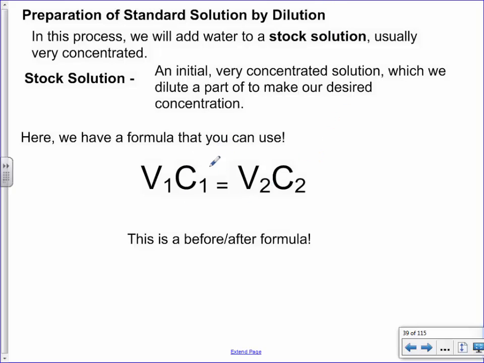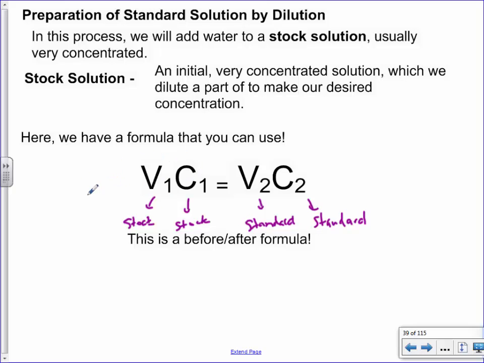For this particular thing here, we have a formula. And the way this formula works is it's a before and after formula. If you know the volume of your stock solution and you know the concentration of your stock solution beforehand, it is going to be equal to the volume of your standard solution and the concentration of your standard solution.